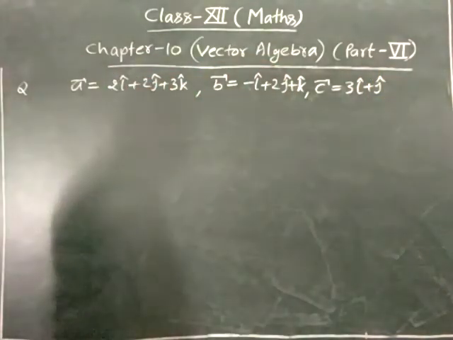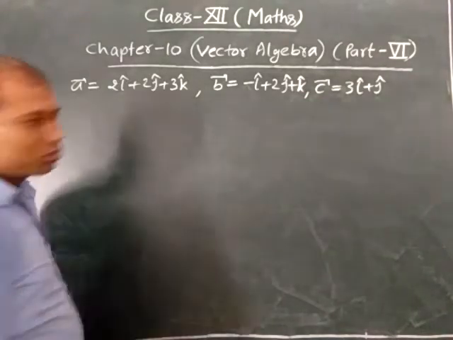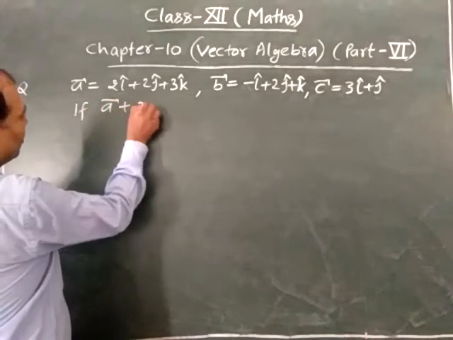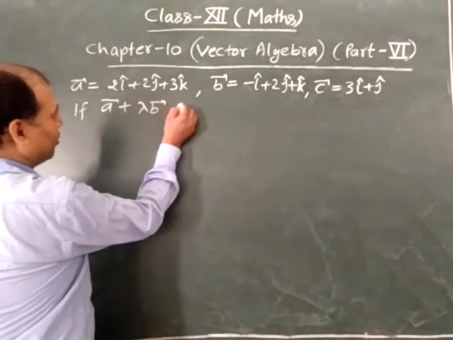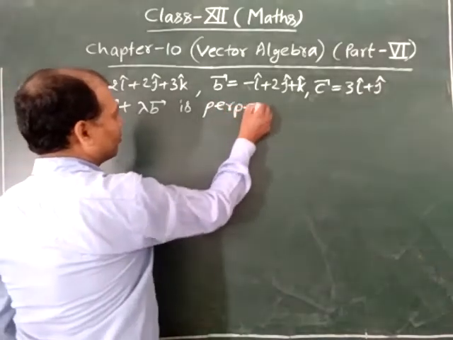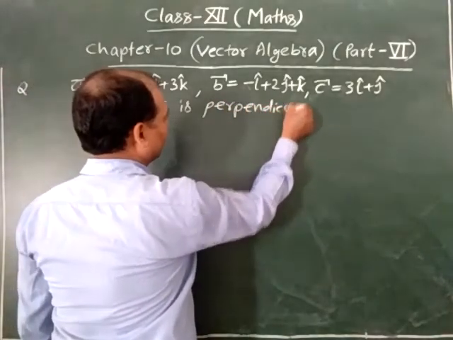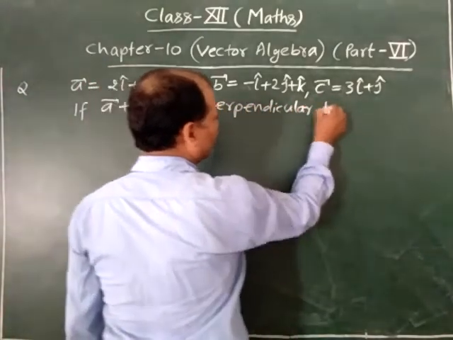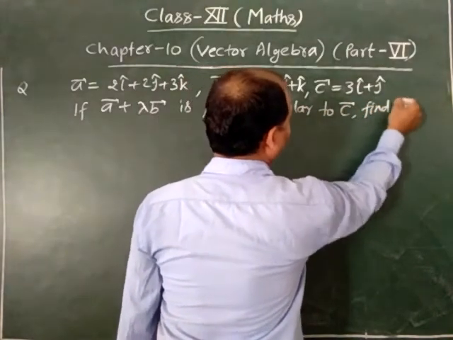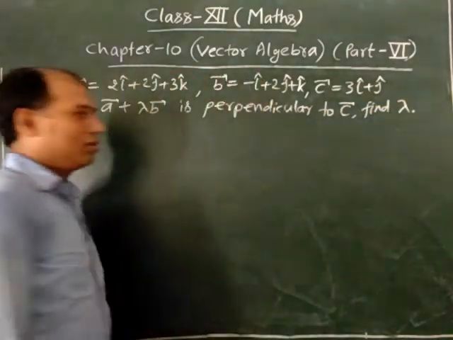Now the question is that if A plus lambda B is perpendicular to C, then we have to find the value of lambda.